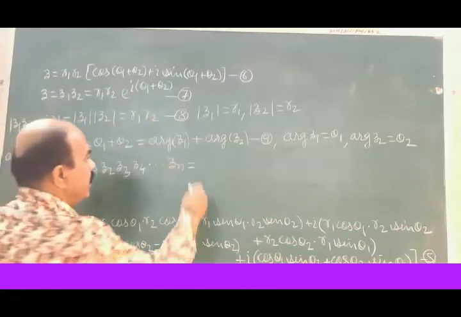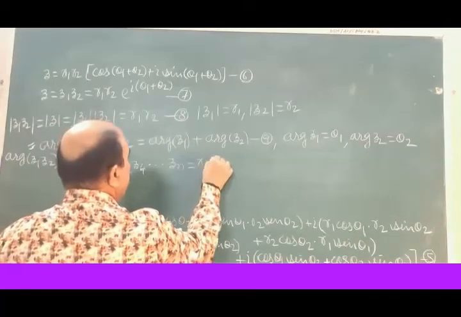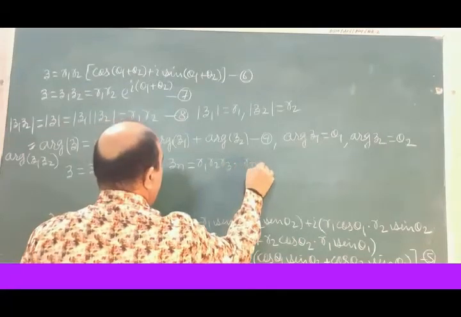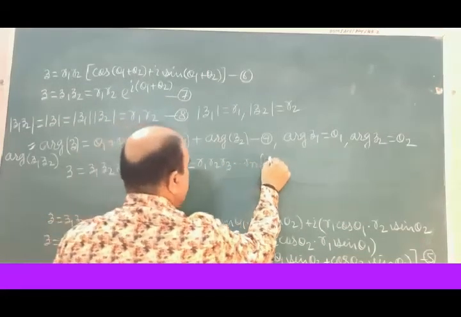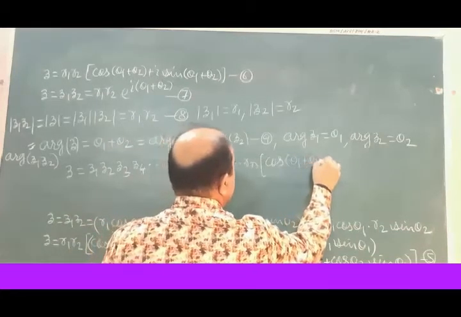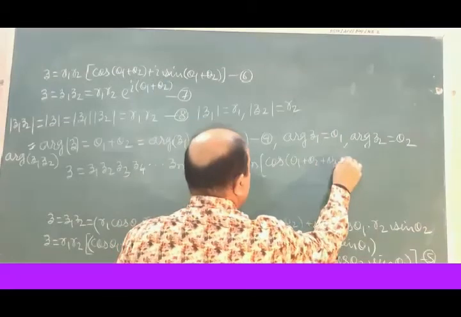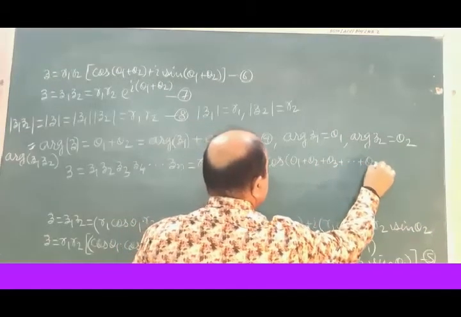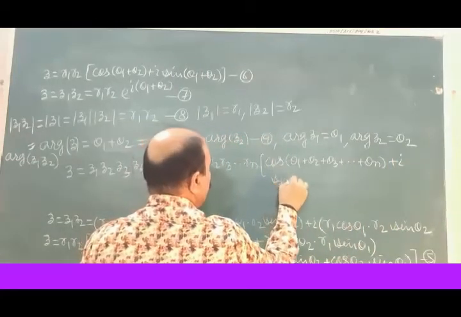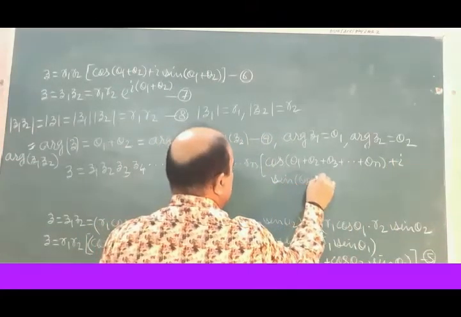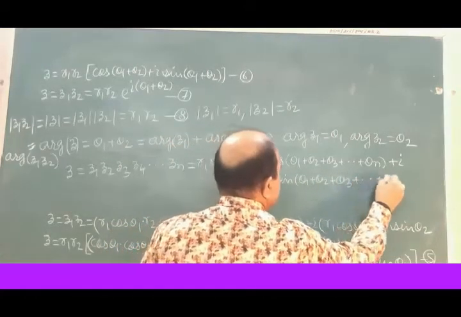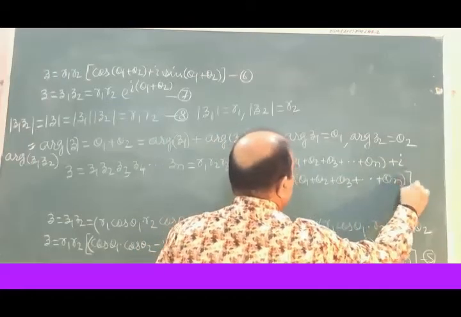In polar form, it will be R1, R2, R3 up to Rn into, in the square bracket, cos of theta 1 plus theta 2 plus theta 3 plus up to theta n, plus i into sine of theta 1 plus theta 2 plus theta 3 plus up to theta n.